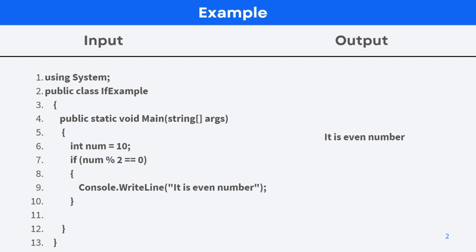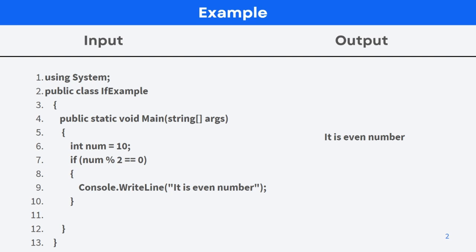Now we will understand this better with an example. Here in the input, we have a block of code where we are using the System library, and after that we have initiated a class, IfExample. IfExample is a class name, and we have given it a public property.